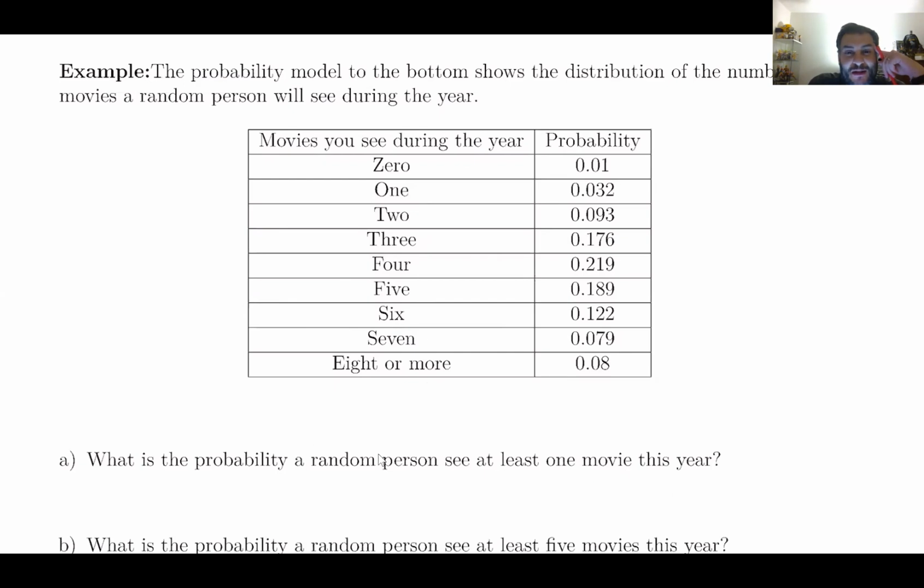If you want the person to see at least 1 movie this year, is there just 1 row that I should get, or are there multiple rows that I have to get in order to get this? Which rows would count? So we got row 1. Is that the only row that worked out? Because it says at least 1 movie.